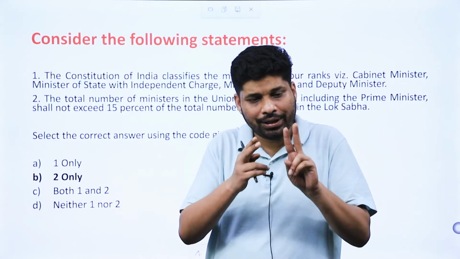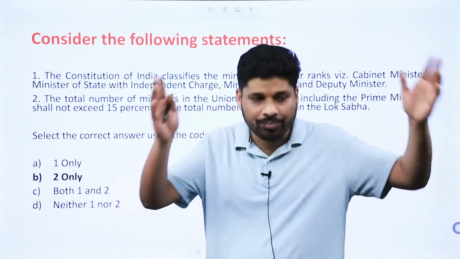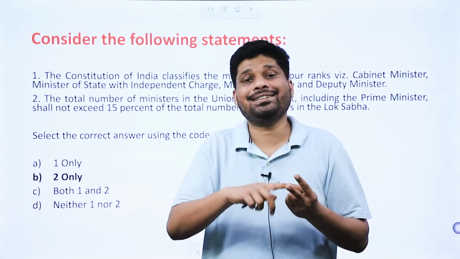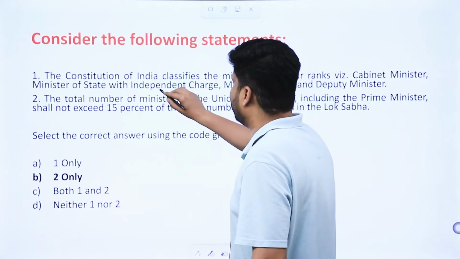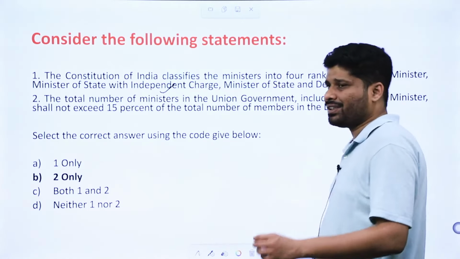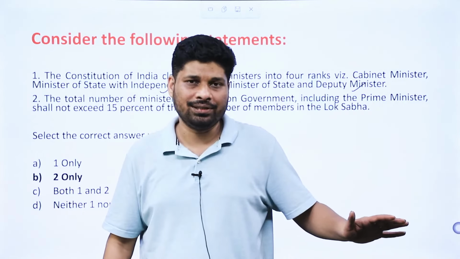The Constitution knows only 2 types of minister: one is the Council of Ministers itself, and second is cabinet. The other 2 terms, minister of state with independent charge, and the third one, deputy minister, are nowhere mentioned in the Constitution.